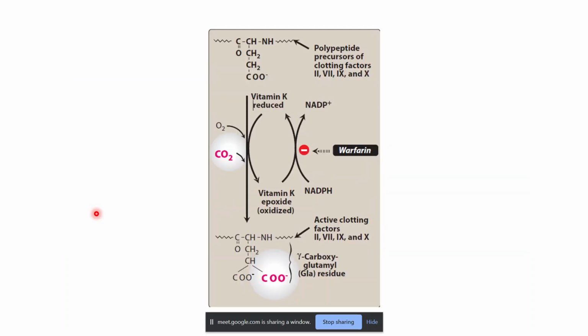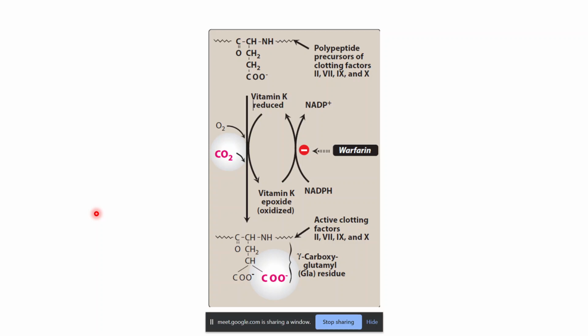The next group is the indirect anticoagulants, and these are taken orally.